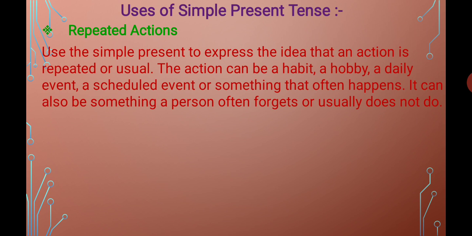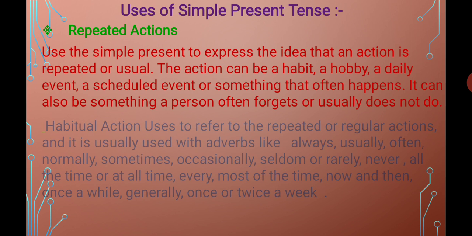at that time we use the simple present tense. If the sentence is about the hobby of someone, or the daily routine of someone, then we can understand the sentence is in simple present tense form.